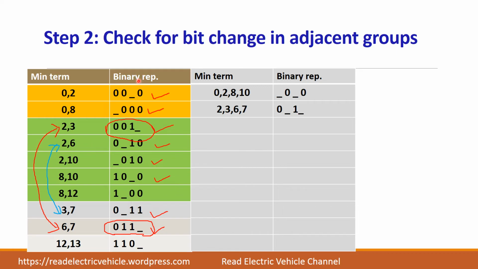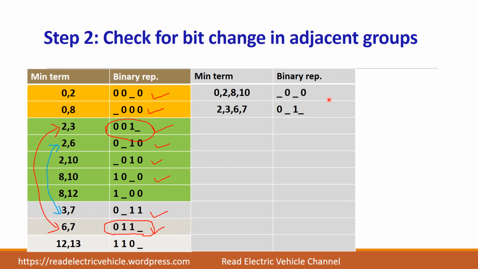Now the important thing to be noted here is, is there anything left out without putting a tick mark? You see 8 12, you check here, 8 12 is not here. Similarly 12 13 is not here. So these two are left out without a tick mark. This should be included in the final solution.